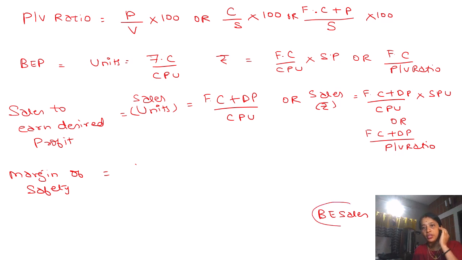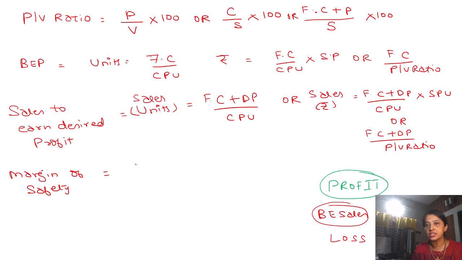If you go below break-even sales, you get a loss. If you go above break-even sales, you get a profit. Now this profit region, how safe you are, is called as margin of safety. So anything over and above your break-even sales is called as margin of safety.